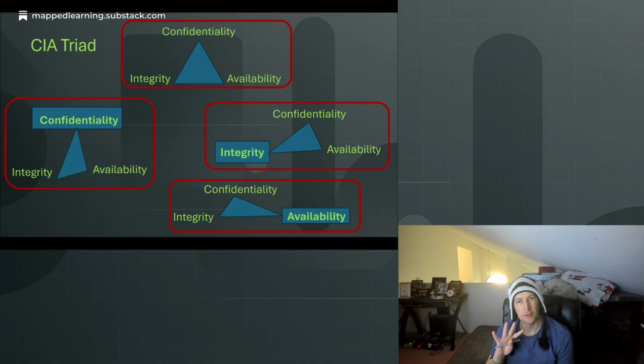Now, the core fundamentals of understanding the CIA triad is understanding the delicate balance between the three. In an absolutely perfect world, we would have everything 100% connected. But there is another adage out there, kind of a joke.